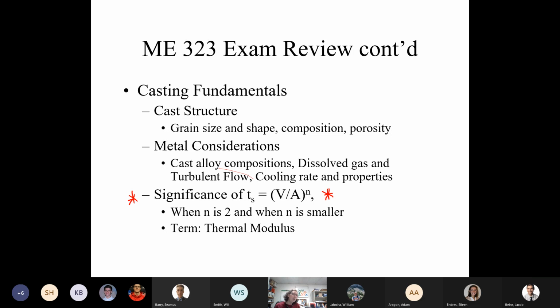I may give you shapes, tell you the volume and surface area of the shape, and then ask about solidification time or where there's a shrinkage or something like that. Also, we know that when n is 2 and when n is smaller, this being that thin section. And then you should be aware of what the term thermal modulus is. Again, this is in your reading assignment.